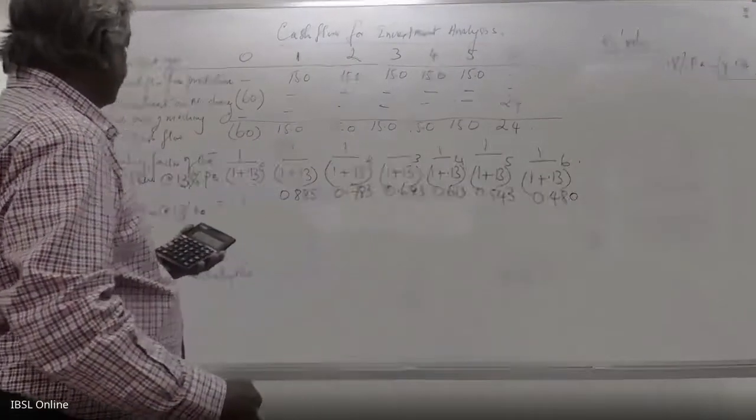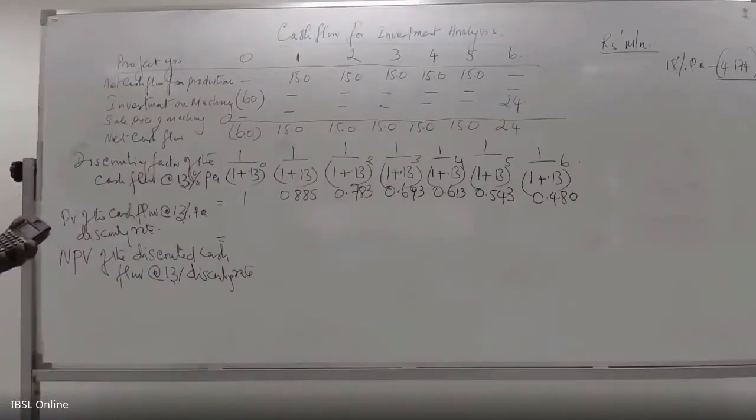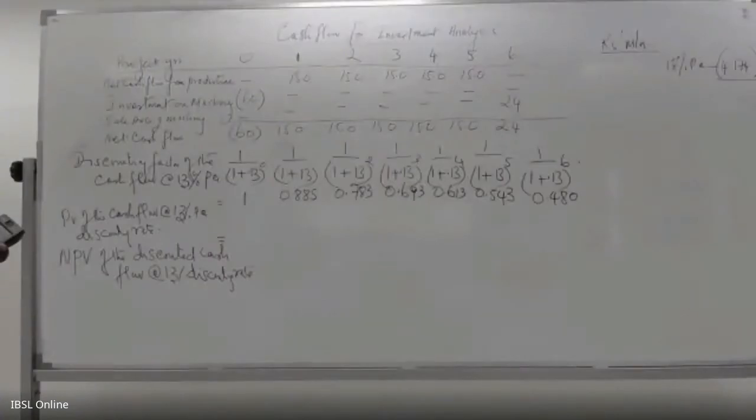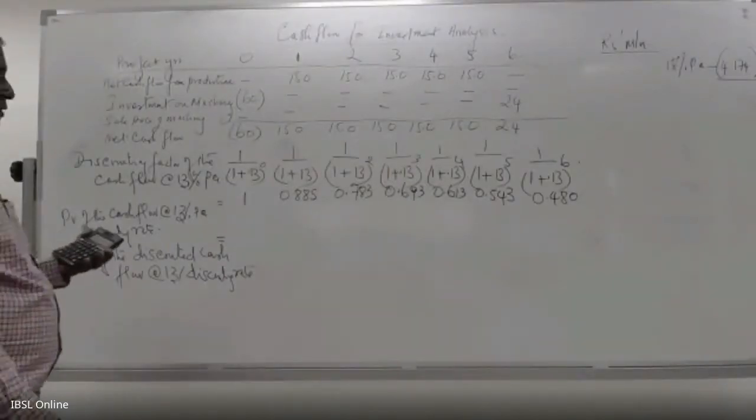So this is the discounting factor at 13% discounting rate for the interest rate. So now we have something.